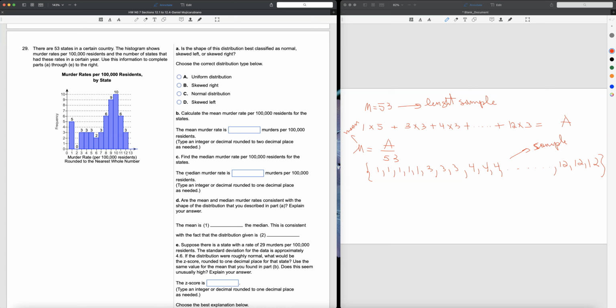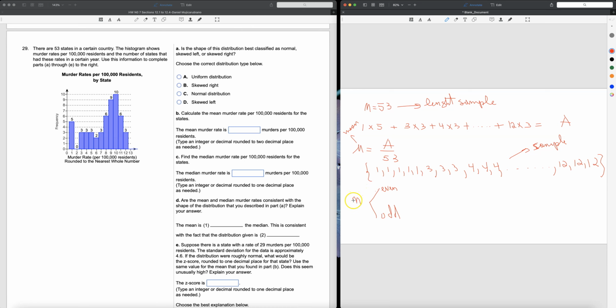The median is a descriptor of the central tendency that has to do with the center position. And the center position is going to depend on whether the length, which is n, is an even number or an odd number.